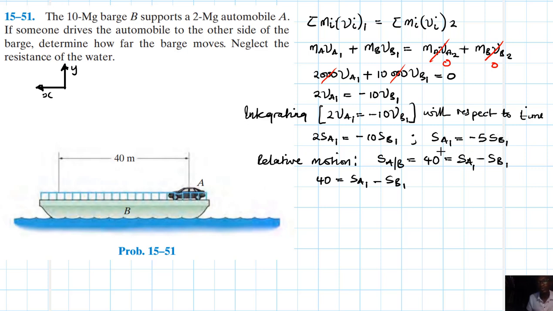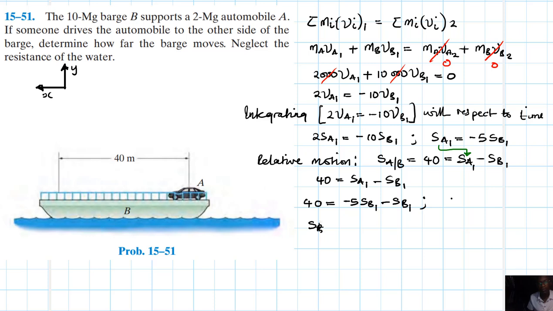So feeding this here, we'll have 40 is equal to minus 5 sB1, minus sB1.